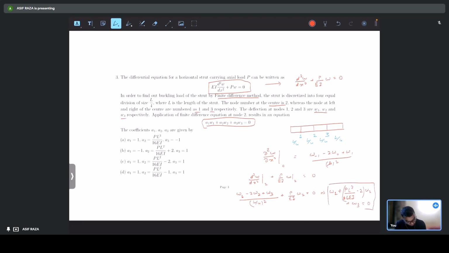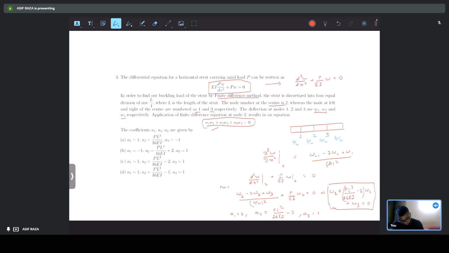So this would be my final expression. If we compare it with this, A1 would be equal to 1, A2 is equal to P L square by 16 EI minus 2, and A3 is equal to 1.